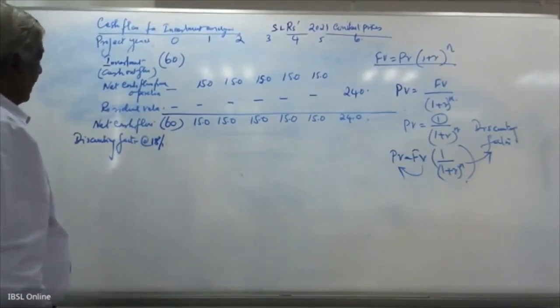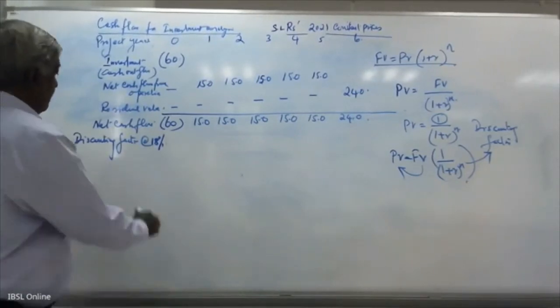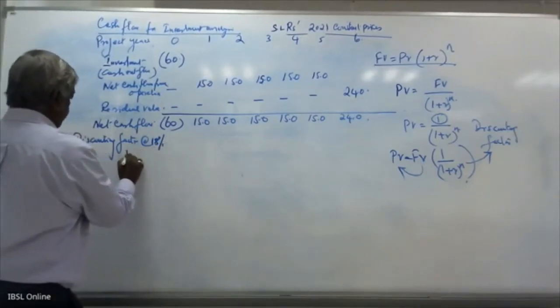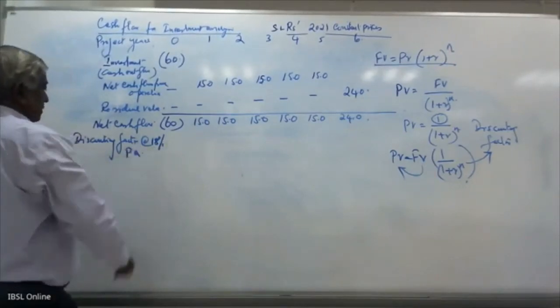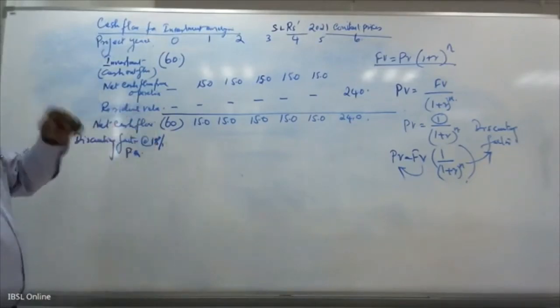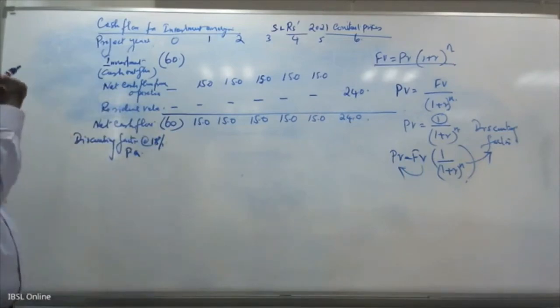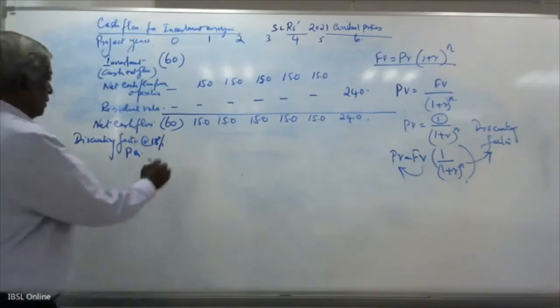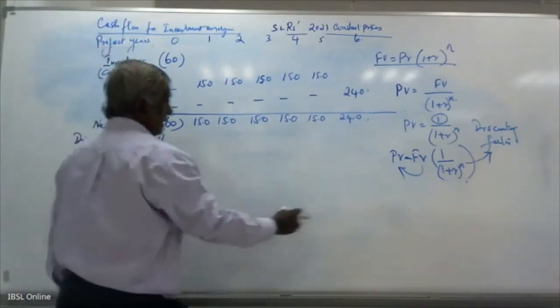Discounting factor at 18% PA. So this is the discounting factor.